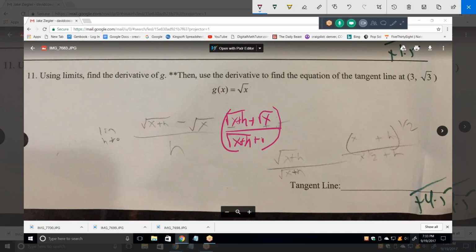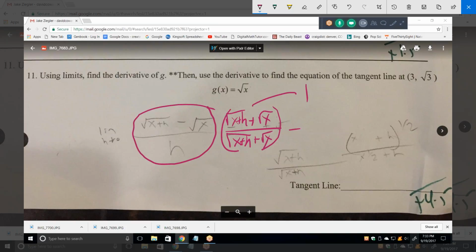Make sure you see exactly what I'm doing here. I'm multiplying this fraction by the conjugate of the numerator, and I'm also multiplying the bottom by that conjugate. In other words, that's the number 1. I can multiply any fraction by the number 1 without changing its value.